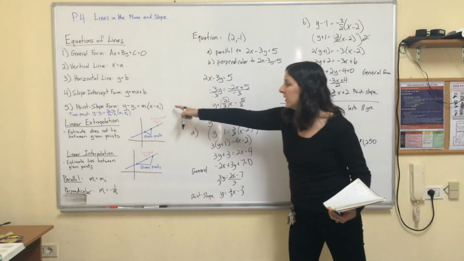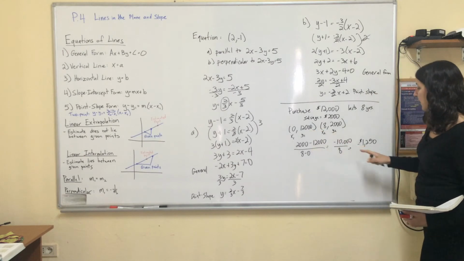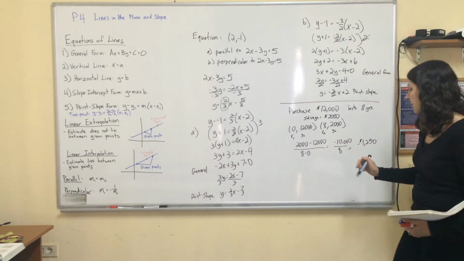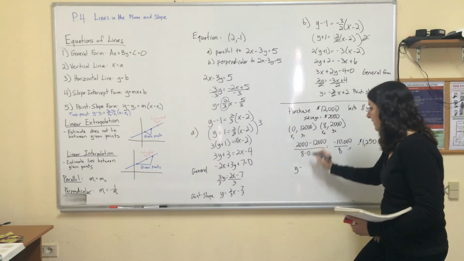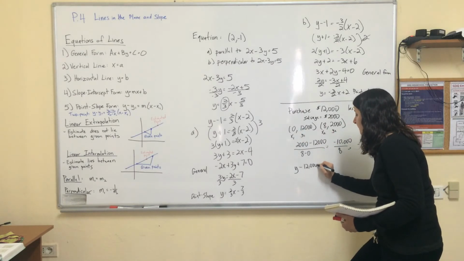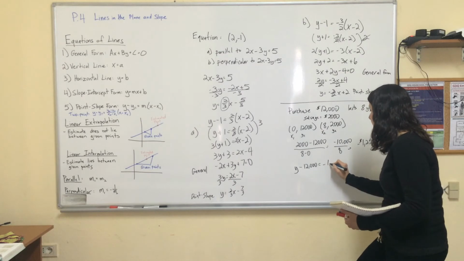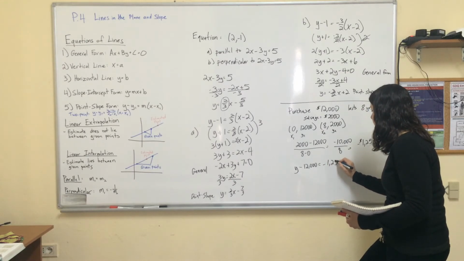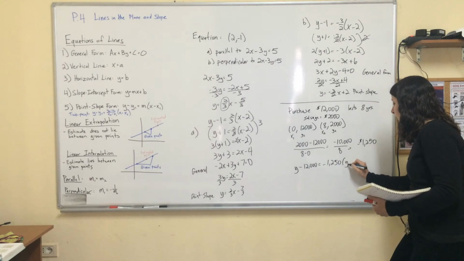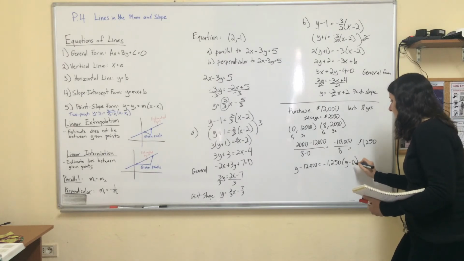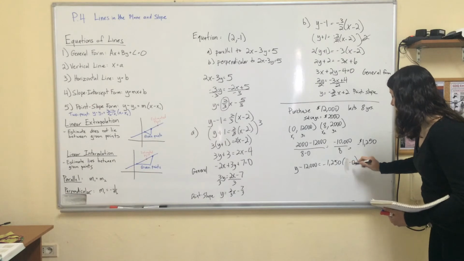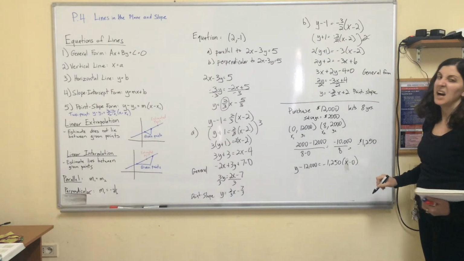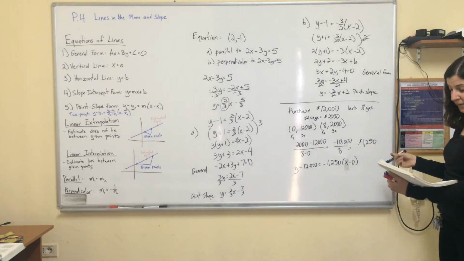So again, we want to write an equation, they're saying. So we want to look at our point slope because we have points and we have a slope. So we have y minus 12,000 equals the slope, negative 1,250 times x minus 0. And actually, instead of x, we can just call it time, because that's what we're talking about here.